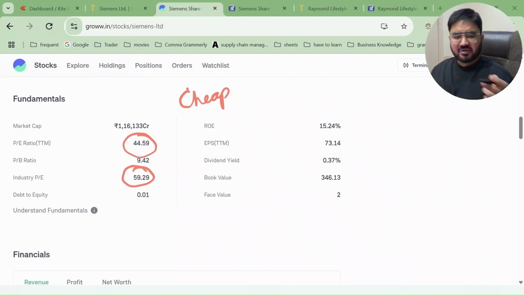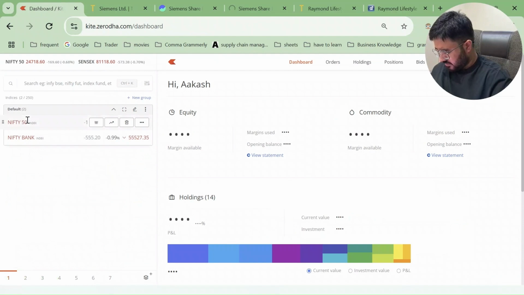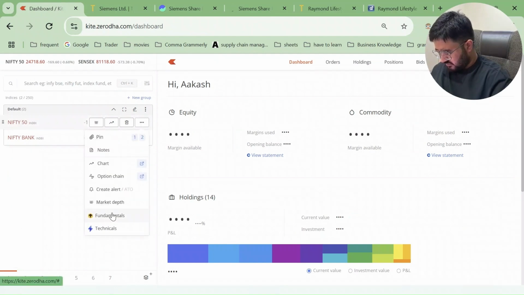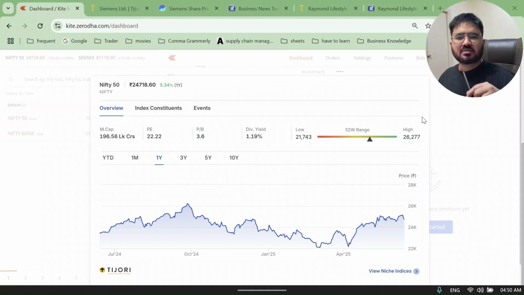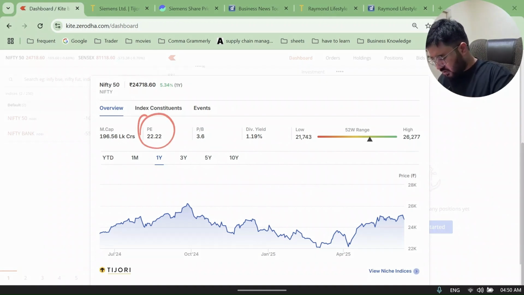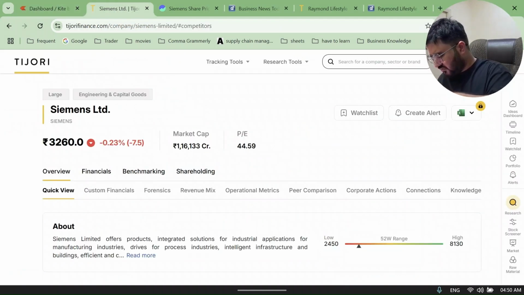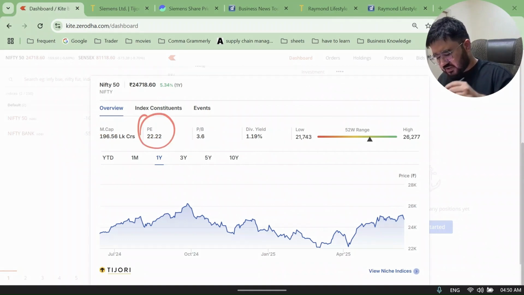Now let's do another thing. Let's compare it with the Nifty price to earnings. How will you get to know that? Let me show you over here. Nifty 50. If we compare it to the market, it is 22.22. And what was ours? 44.59, right?